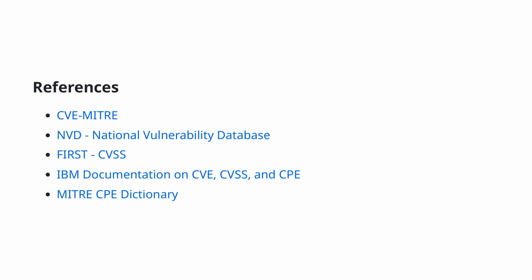FIRST is where you'll find detailed information on CVSS scoring, which will help in assessing the severity of vulnerabilities. IBM's documentation provides comprehensive guidance on leveraging CVE, CVSS, and CPE in your security workflows. Lastly, the MITRE CPE dictionary is essential for standard naming conventions in IT products, facilitating better asset management and tracking.